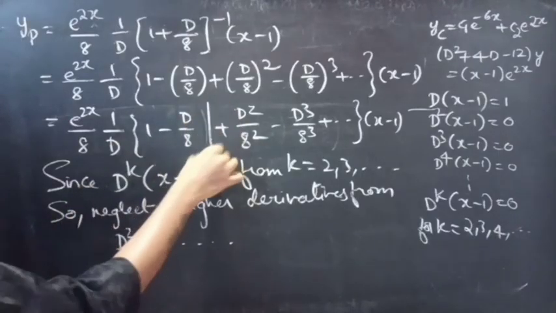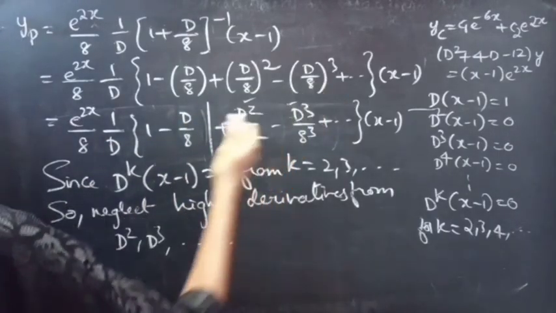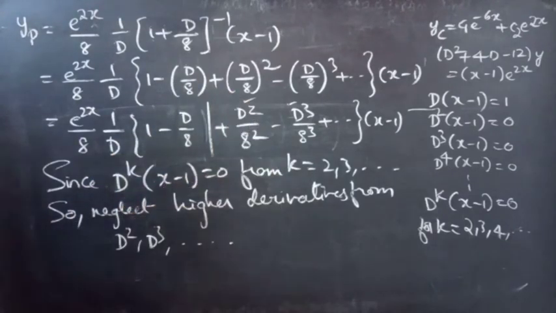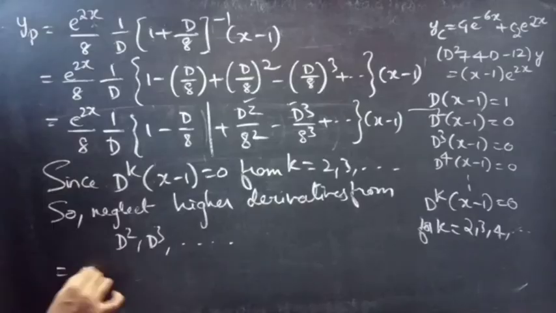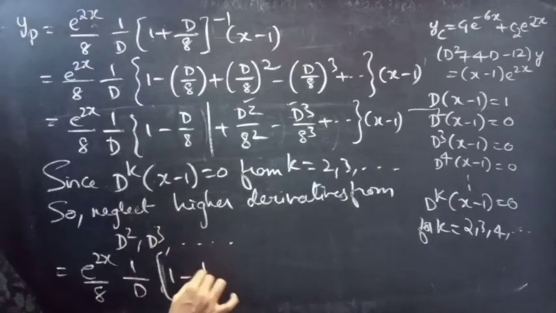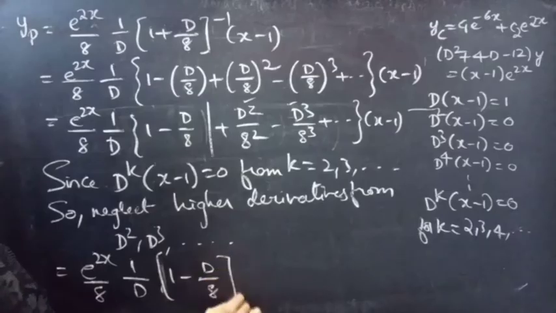Then we are going to neglect all these terms, exactly from the third term onward. So we'll get e power 2x by 8 into 1 by D into (1 minus D by 8) into x minus 1, right?